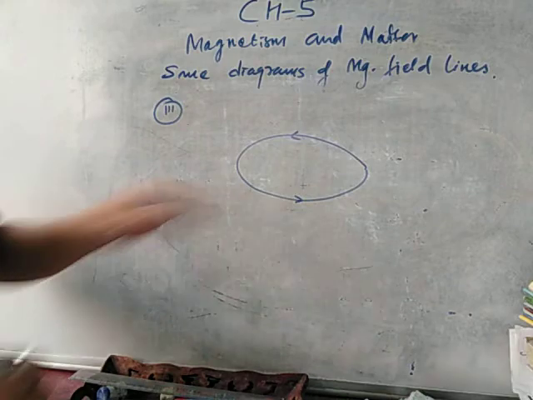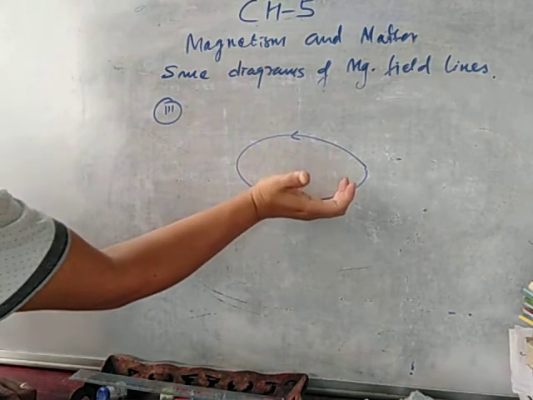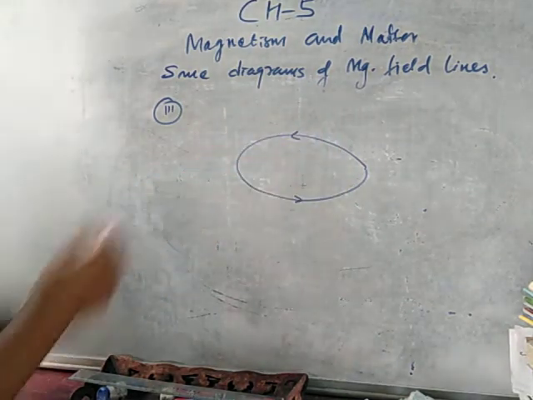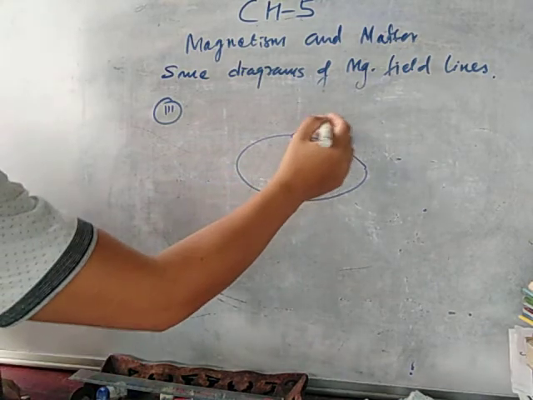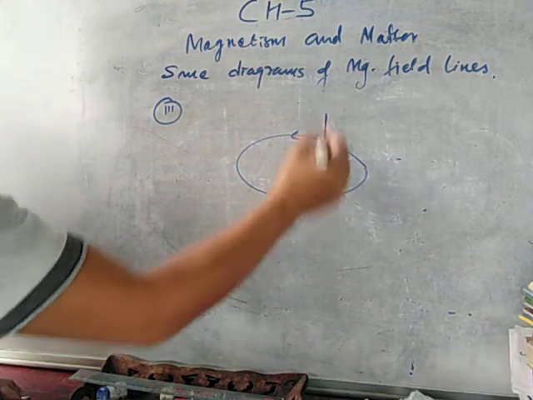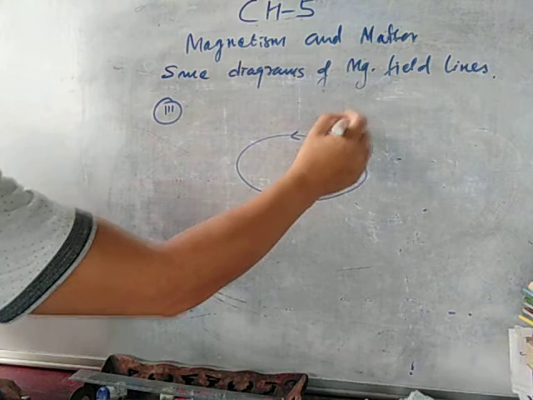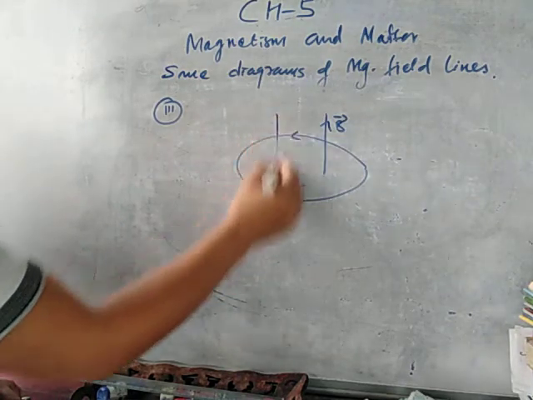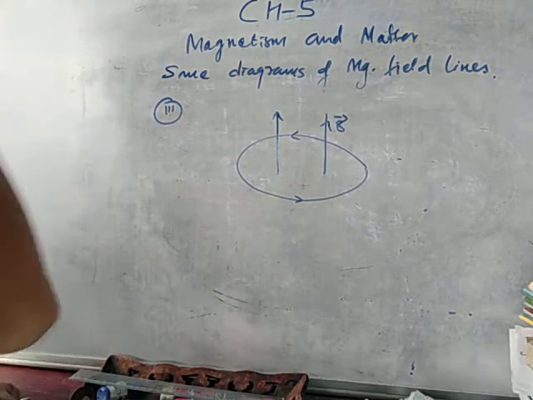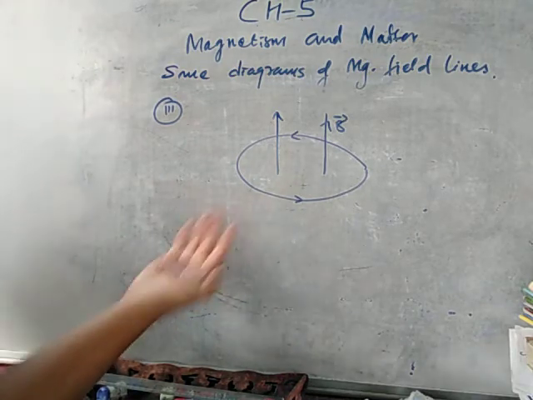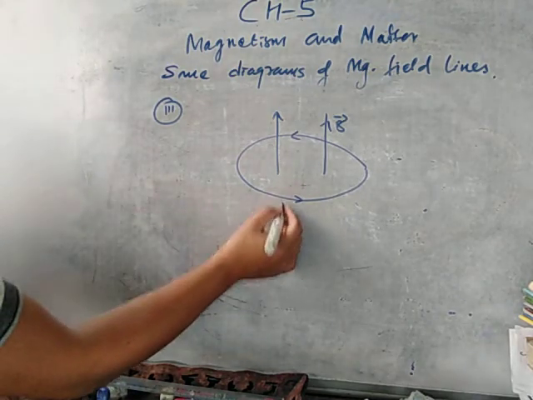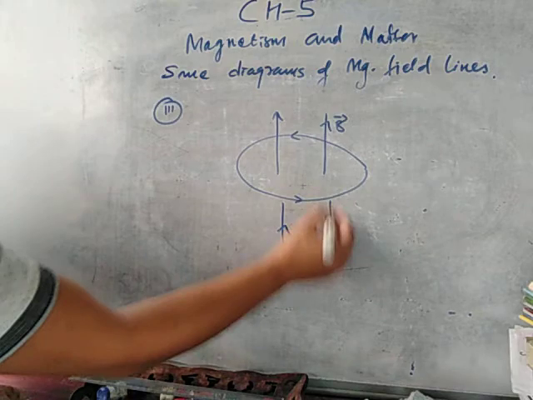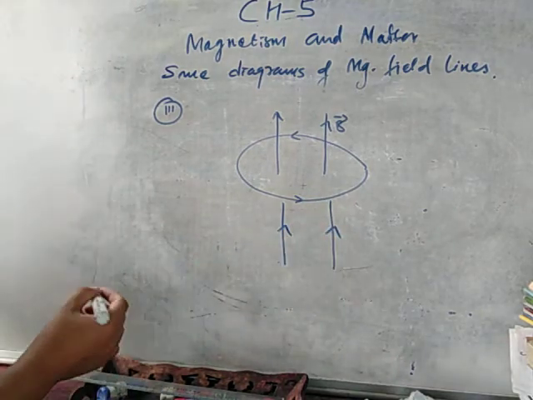See, माथि बाट हेर, यता जाँदैछ, isn't it? Yes or no? Thumb will give direction. This side coming out, isn't it? This is the direction of magnetic field. And मुनि बाट हेर उल्टा जाँदैछ. So this is the direction of magnetic field.